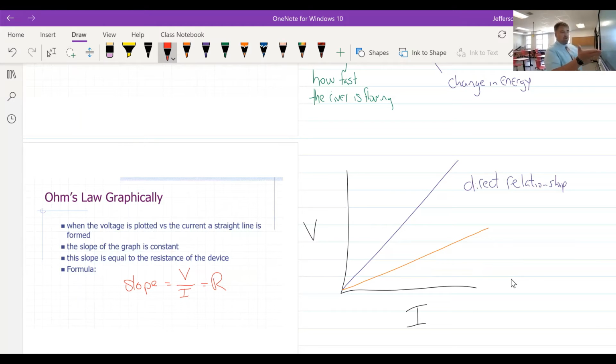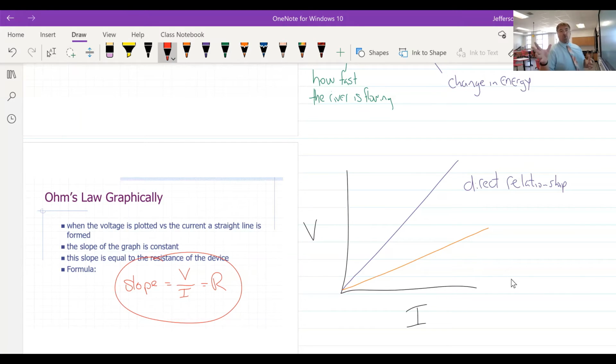The different slopes tell us, if I have a higher resistance, then it's going to have less of a current change when my voltage changes. If I have a smaller resistance, then I'm going to get a bigger current change through a smaller voltage change. But this is actually going to be Ohm's consequence. I call it Ohm's consequence.